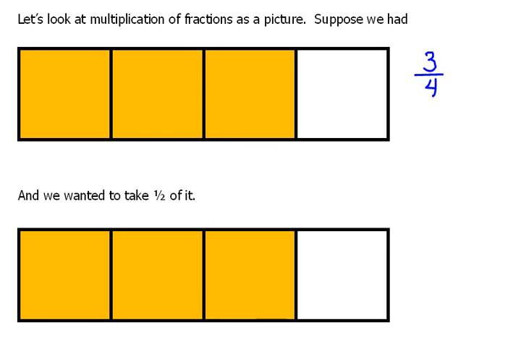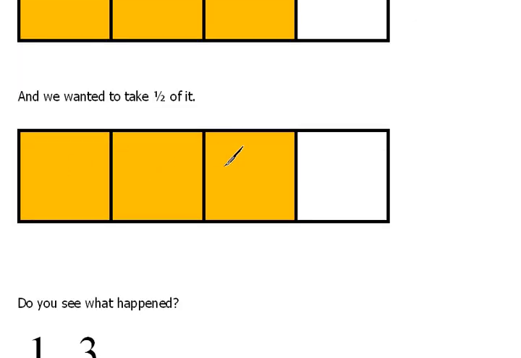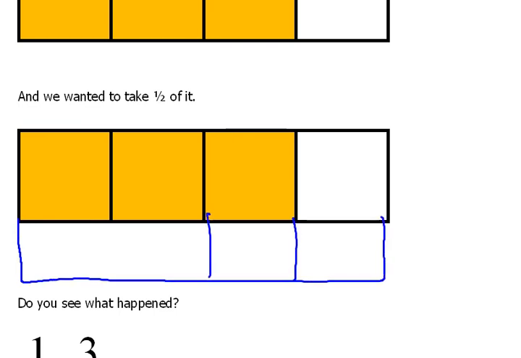If I had those same 3 shaded blocks, but this time I wanted to mark this into half, so rather than have 4 blocks, then I would have 8 blocks. True? Now that 3/4 is half of what I have now. Well, what do I have now here? Now I have 3 blocks shaded out of 8.